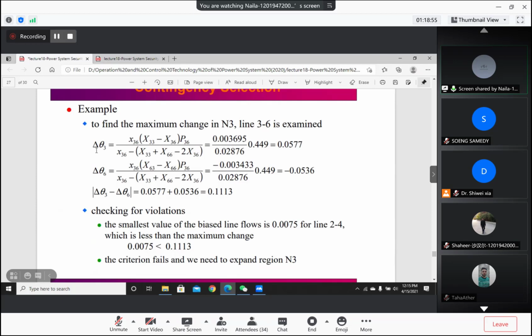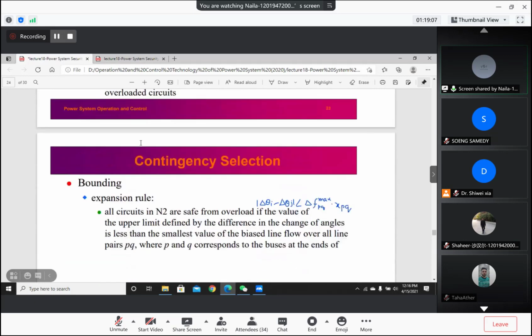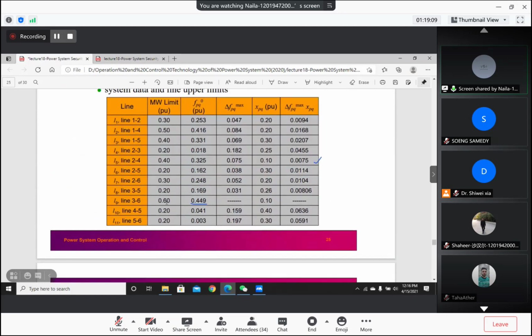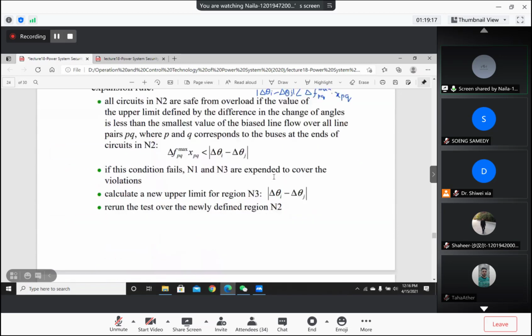Firstly, we'll find the change in theta 3, and here we have the formula for this. Here we need the reactance from 3 to 6, which we'll get from this table. Here we have 0.1.